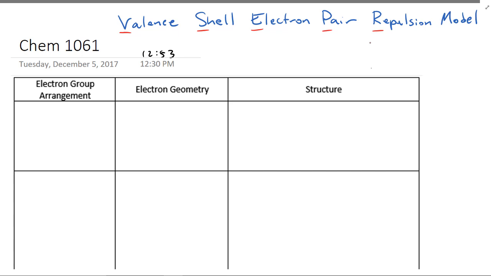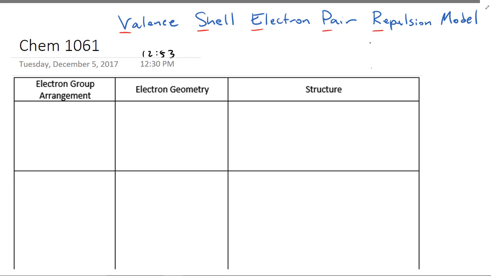And of course, where is the valence shell located? The outside. So these are pairs of electrons in the outer shell, and it's going to depend on us looking at them as repelling each other. And of course, why are pairs of electrons going to repel each other? Like charges, exactly. Like charges are going to repel.